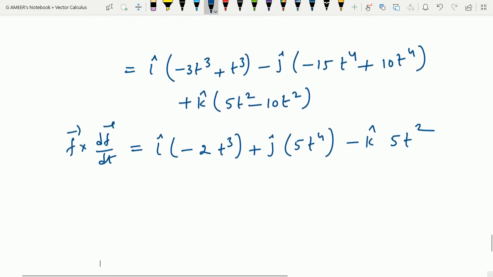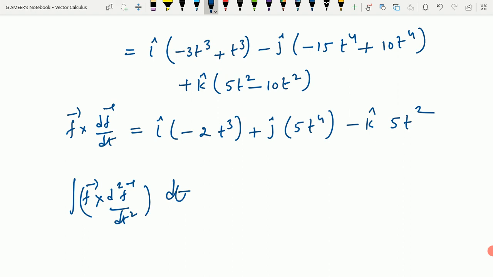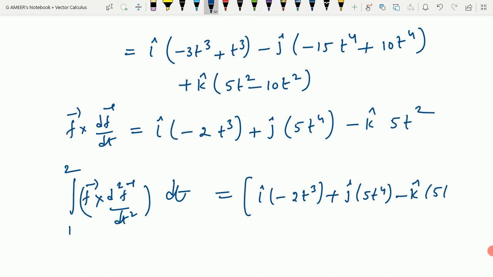Now we need to put the limits for this integration. So the given integral, f cross d square f by dt square into dt, lower limit is 1 and upper limit is 2. So I finally got i into minus 2t cube plus j into 5t power 4 plus k into 5t square, lower limit is 1 and upper limit is 2.